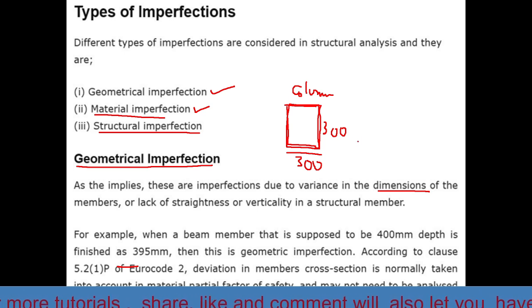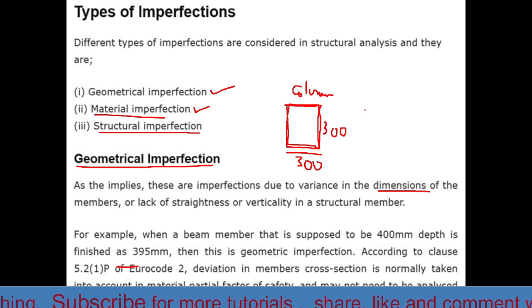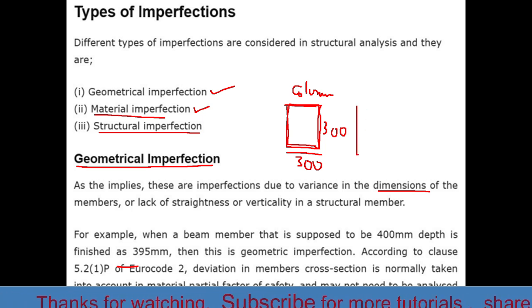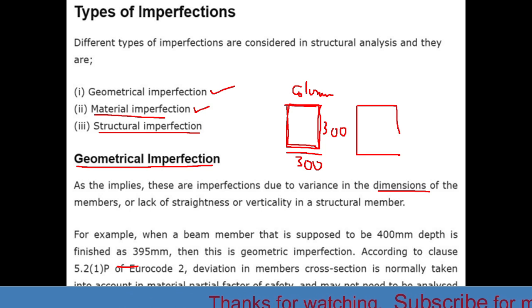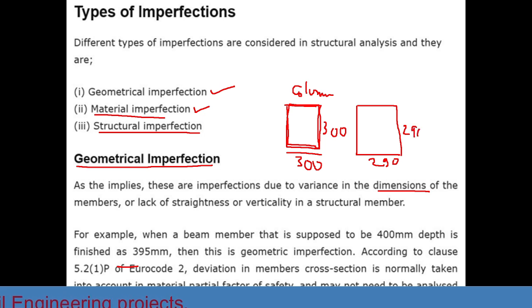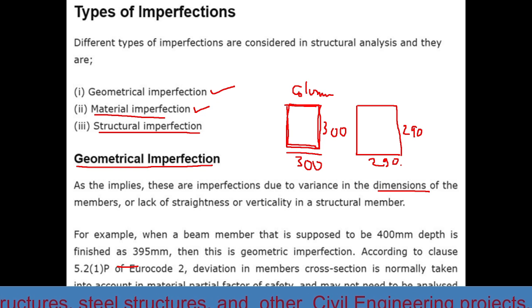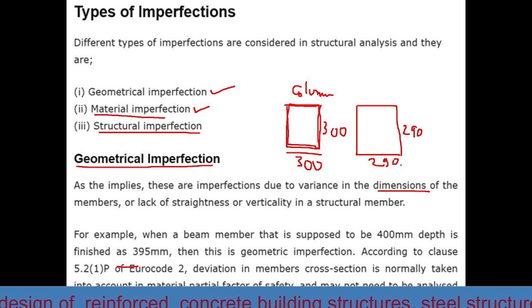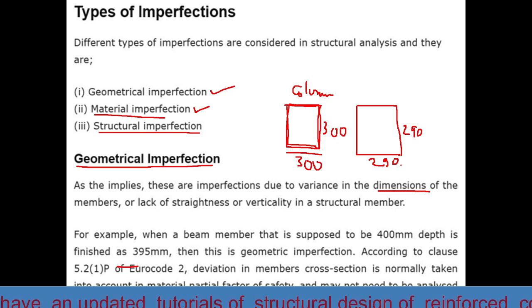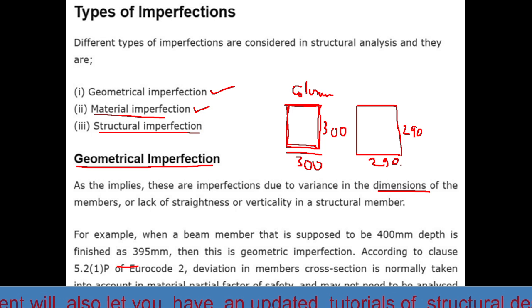But unfortunately during the construction the size may be reduced to 290 by 290. So there is a reduction of sizes due to the problem of workmanship or due to the problem of formwork.